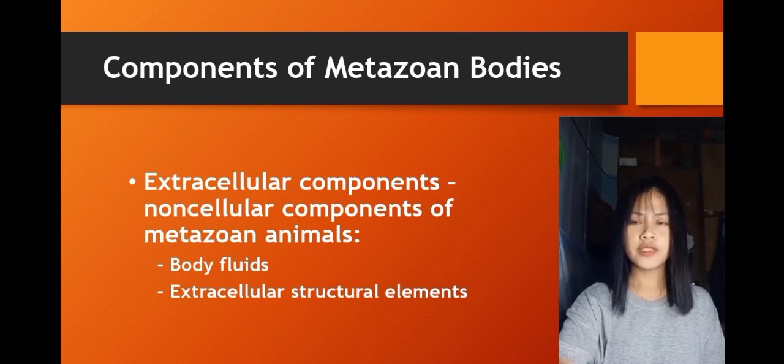Non-cellular components of metazoan animals: body fluids. Body fluids are considered to be the interstitial fluids, saliva, tears, and gastric juices. They moisten the tissues, muscles, body organs, and skin.